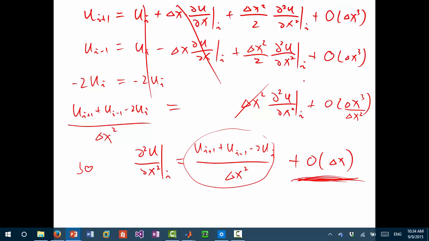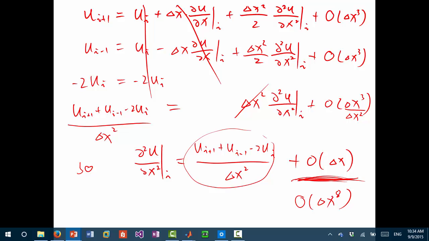For example, if I can write this as O(delta x to the 8th), let's say, then I get an awfully good approximation. Because if I only have O(delta x), then as I refine the grid into half of the spacing, I can only expect the approximation error to go down by a factor of 2.